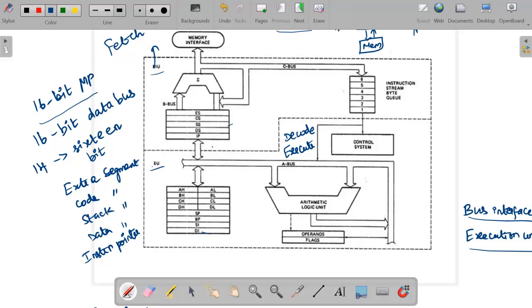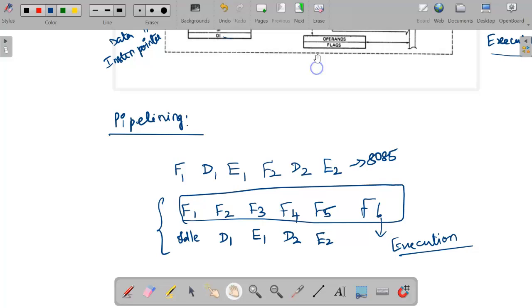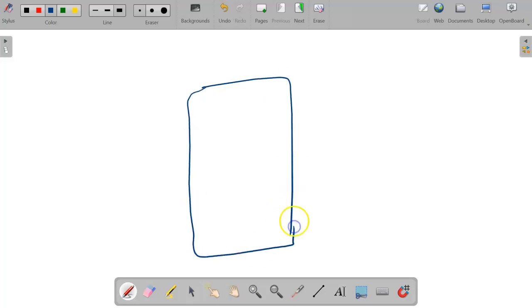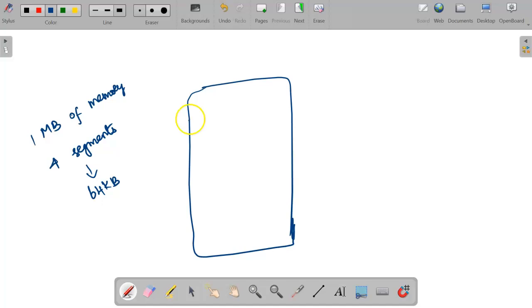So let us discuss the memory unit of 8086. The 8086 has a 20-bit address bus, so it can point to up to 1 MB of memory. The 1 MB of memory has 4 segments, and each segment is of 64 KB size. What are the 4 segments?